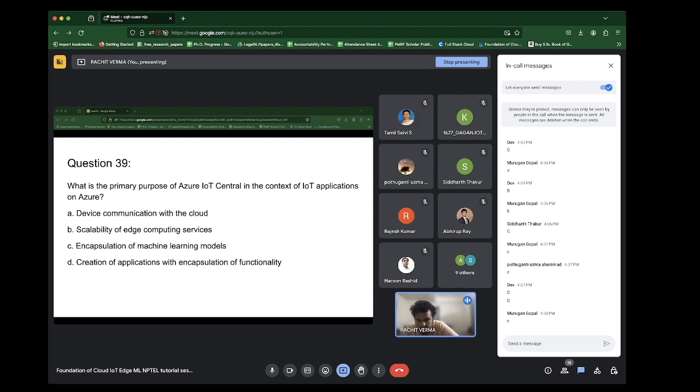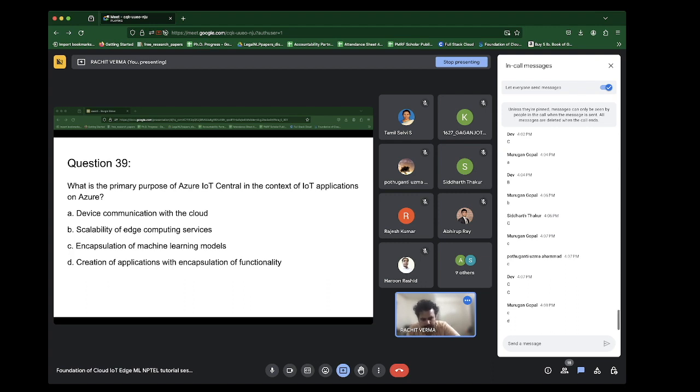So what is the primary purpose of Azure IoT Central in the context of IoT applications? Is it device communication with the cloud, scalability of edge computing services, encapsulation of machine learning models, or creation of applications with the encapsulation of functionality? Okay, so I'm getting D as the answer.